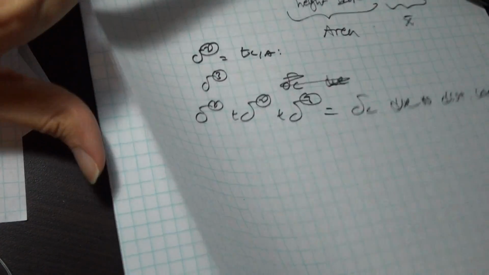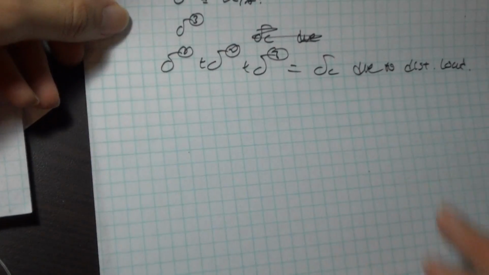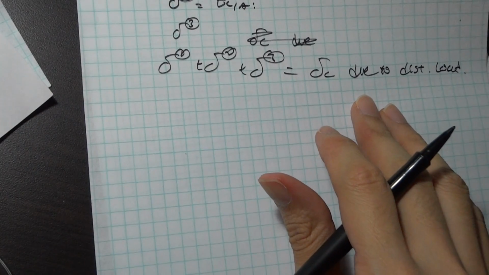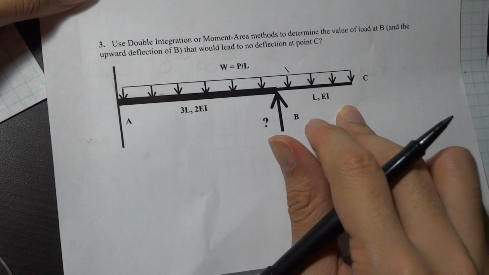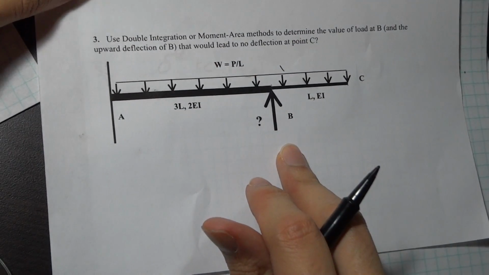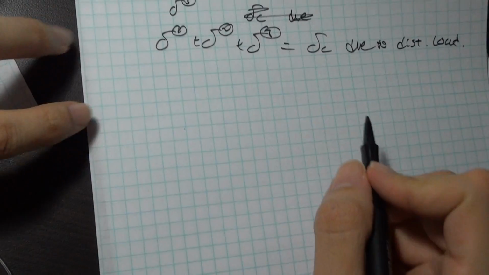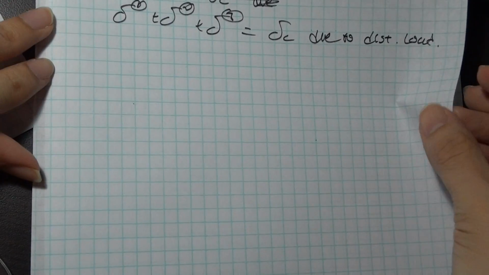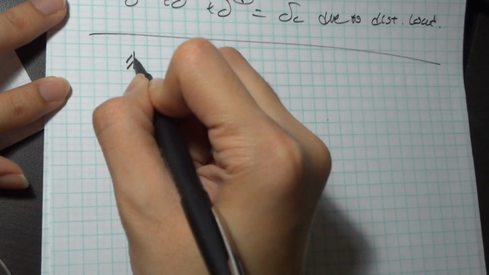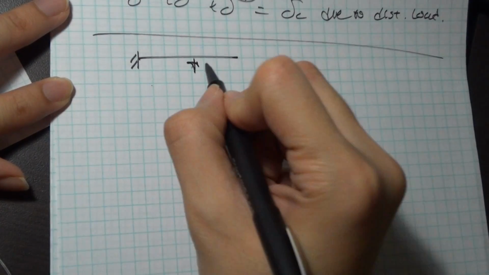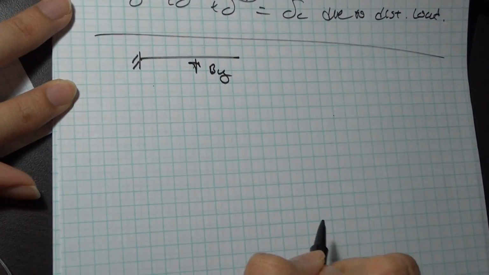Once I have this, I also need to find the deflection at C due to this arbitrary load, By. I'm going to draw my diagram again, but just for By in this case.